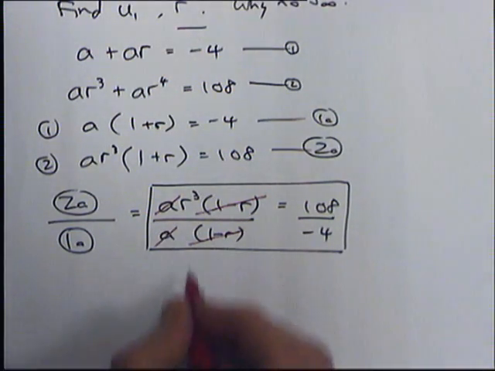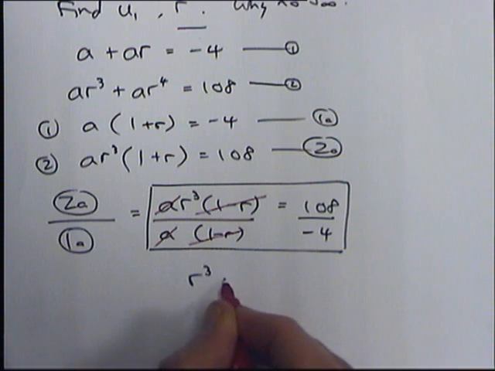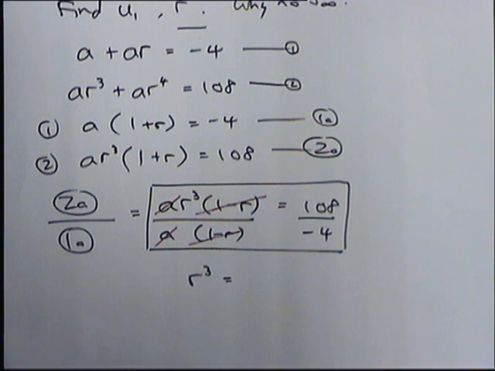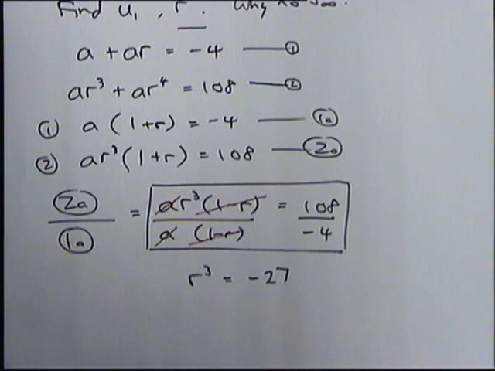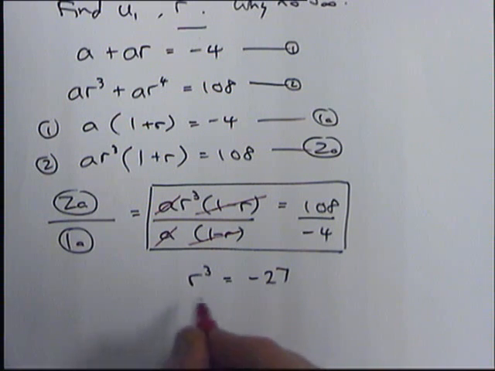So on the left, I'm actually just left with r cubed. And on the right, I'm left with 108 divided by -4. And 108 divided by -4 is -27. So I've got r cubed, no a involved now, r cubed is -27.